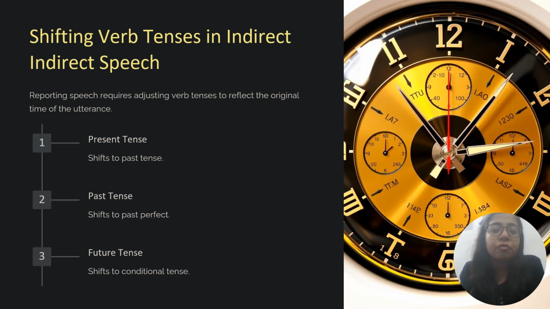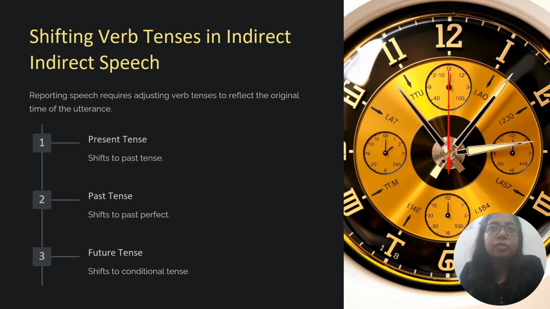Next is shifting verb tenses in indirect speech. Now how do the tenses shift? Present tense shifts to past tense. If the direct speech is in present tense, when you convert it to indirect speech it will change into past tense. Next, past tense shifts to past perfect.